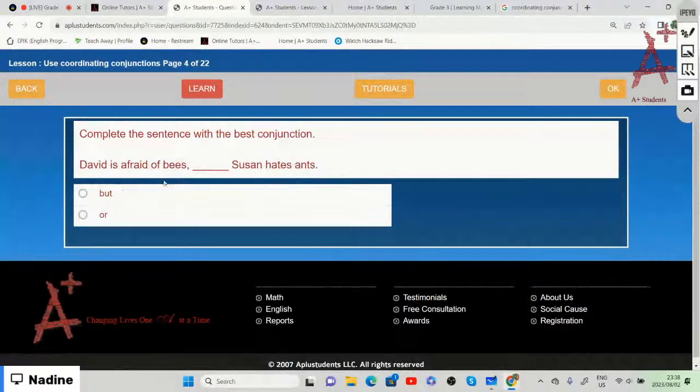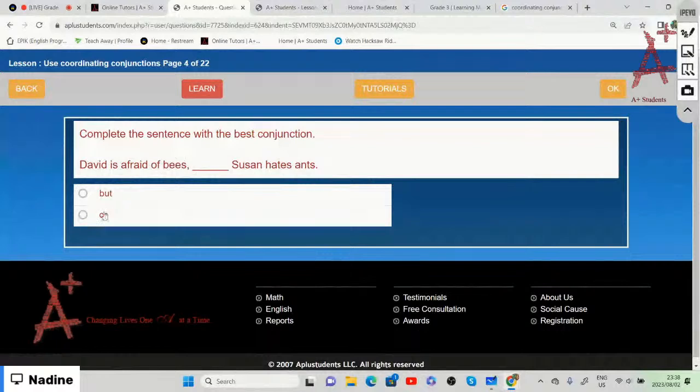David is afraid of bees, but Susan hates ants, or Susan hates ants. We need to choose between but or or. David is afraid of bees, but Susan hates ants, or we can say David is afraid of bees or Susan hates ants.